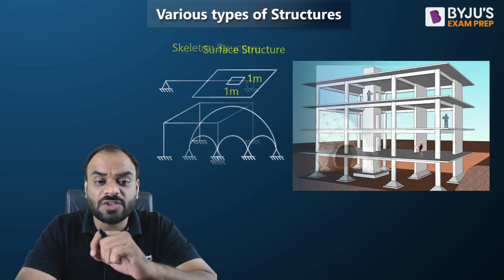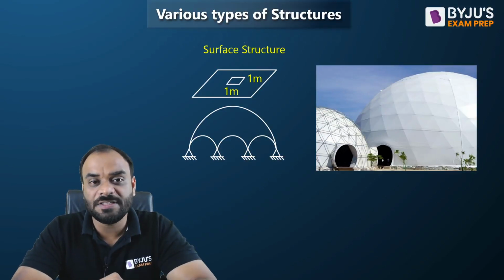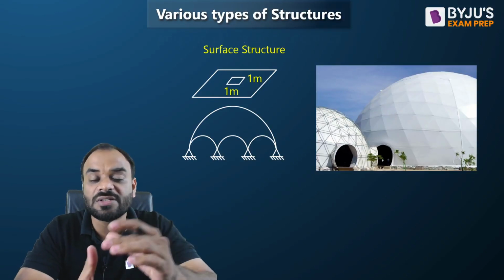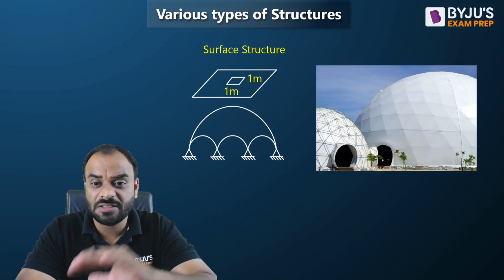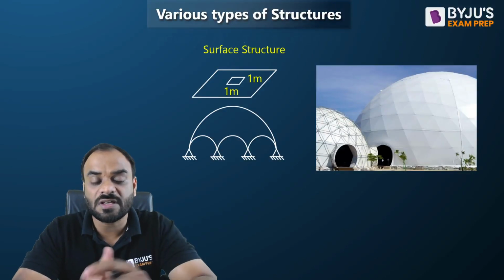Let's understand the next one, which is known as the surface structure. As you can see here guys, this is a dome. In a dome, two dimensions are very significant as compared to the thickness of the dome, and that's why it is known as a surface structure, because you need to analyze the structure by using the surface area of the structure which is given to us.